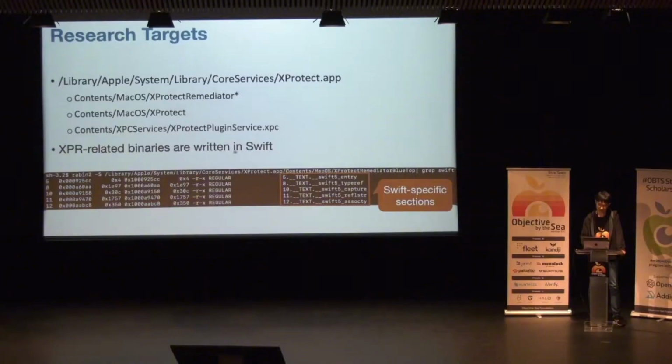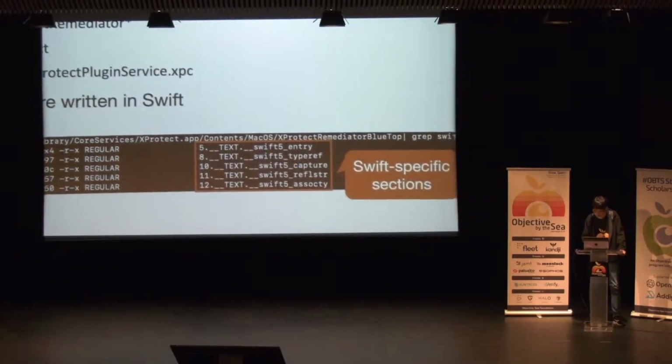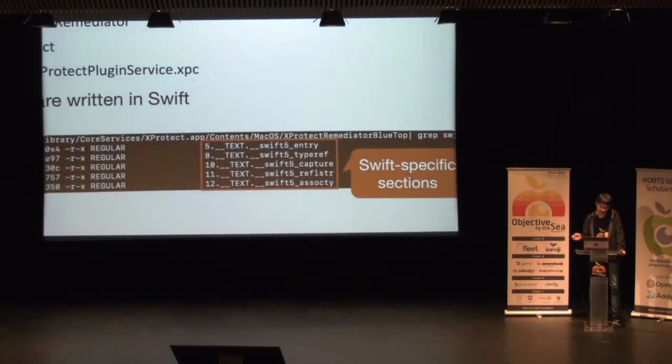One notable thing is that these XPR-related binaries are written in Swift. As you can see on the slide, they have distinctive section names specific to Swift binaries, such as Swift5 entry, Swift5 typeref, etc.